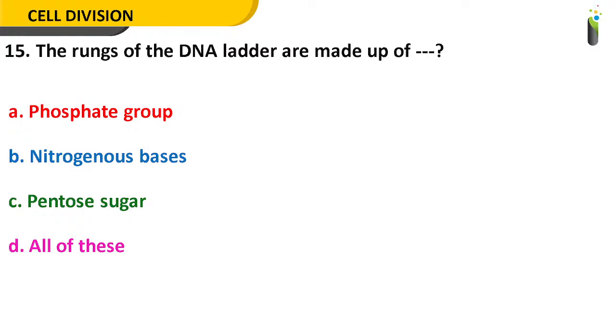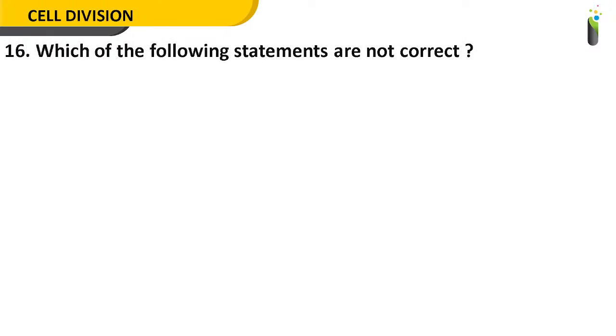When you imagine a ladder, you climb up the steps which are connected by two sticks, right? So the steps there are nothing but the rungs. And the perfect answer is nitrogenous bases. The rungs of the DNA ladder are made up of nitrogenous bases, whereas the sides are made up of sugars and phosphate groups.